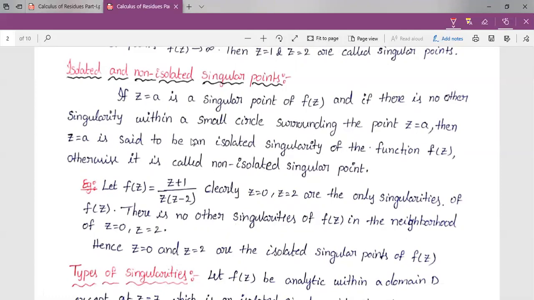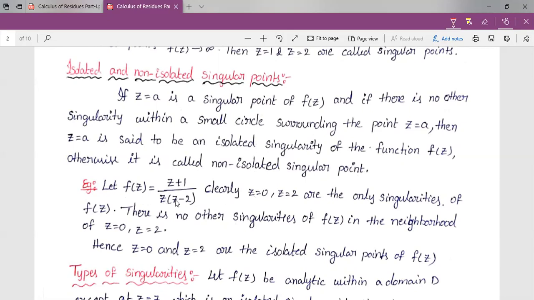So which means z equal to a is a singular point of f of z, and there are no other singularities in the small circle surrounding the point z equal to a, then those are called isolated singular points, otherwise those are called non-isolated singular points.